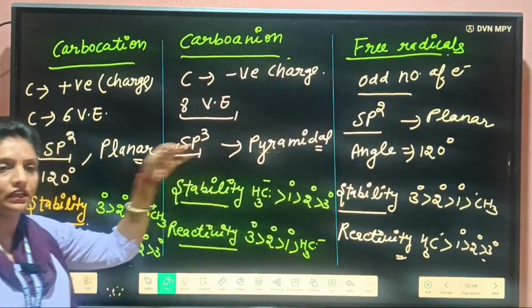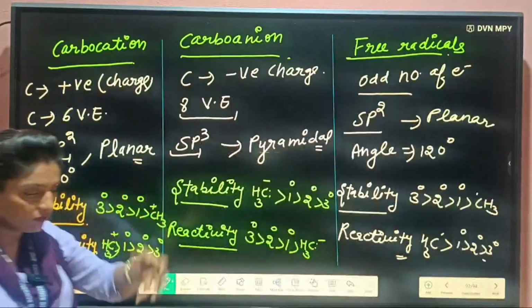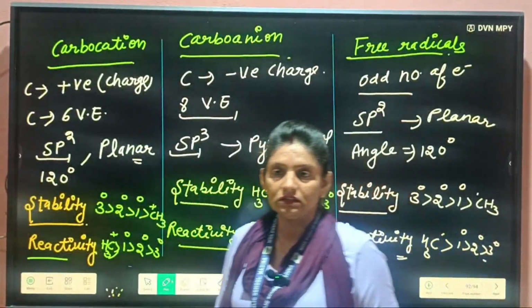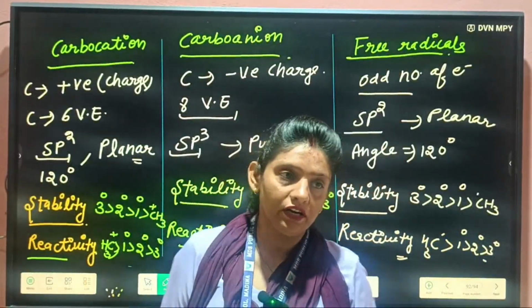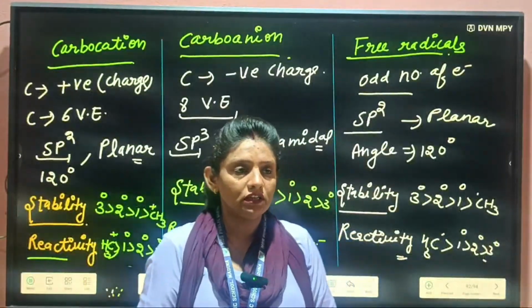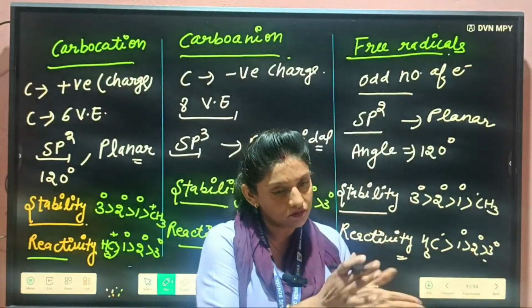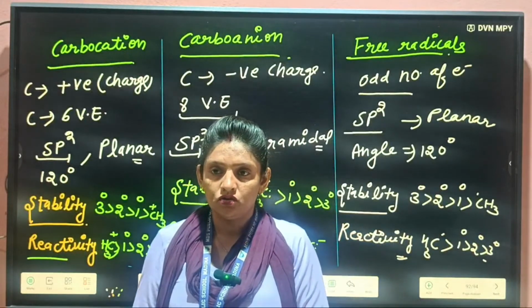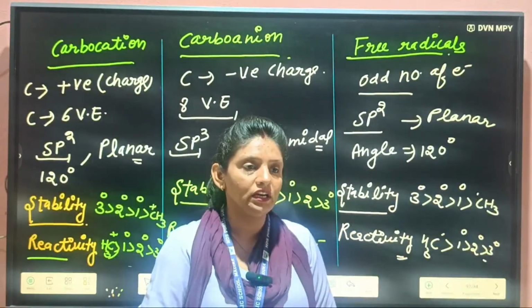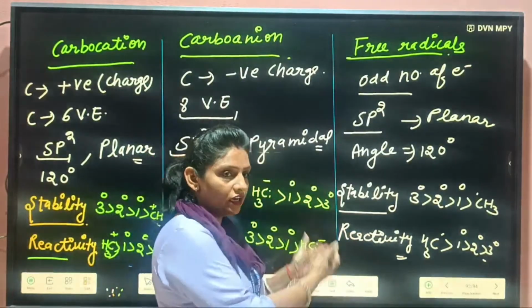We will apply them again and again. Our next topic will be the types of chemical reactions. In chemical reactions, when we do the next unit also, I will say this will be the major product, but this will be the minor product. So that majority and minority we will give on the basis of the stability of their intermediate.